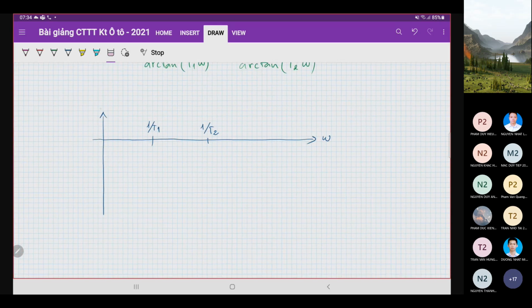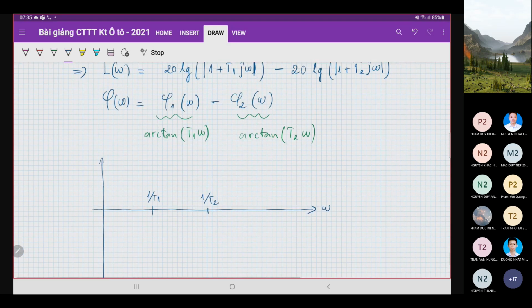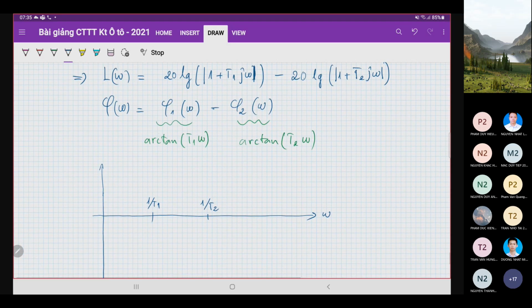The line 20 log of 1 plus T1 omega will be like this. When omega goes to 0, it is still this straight line. When omega goes to infinity, instead of minus 20 decibel per decade, it will be plus 20 decibel per decade, right?